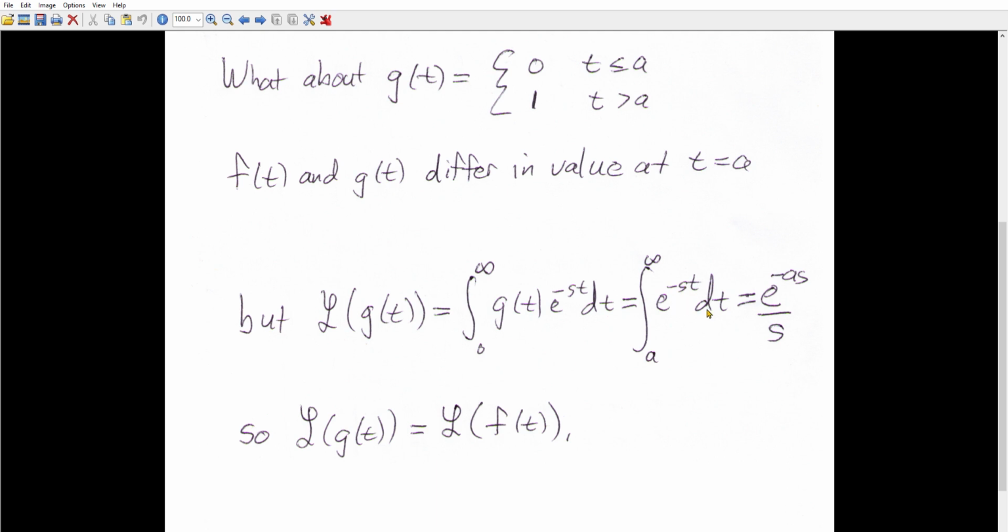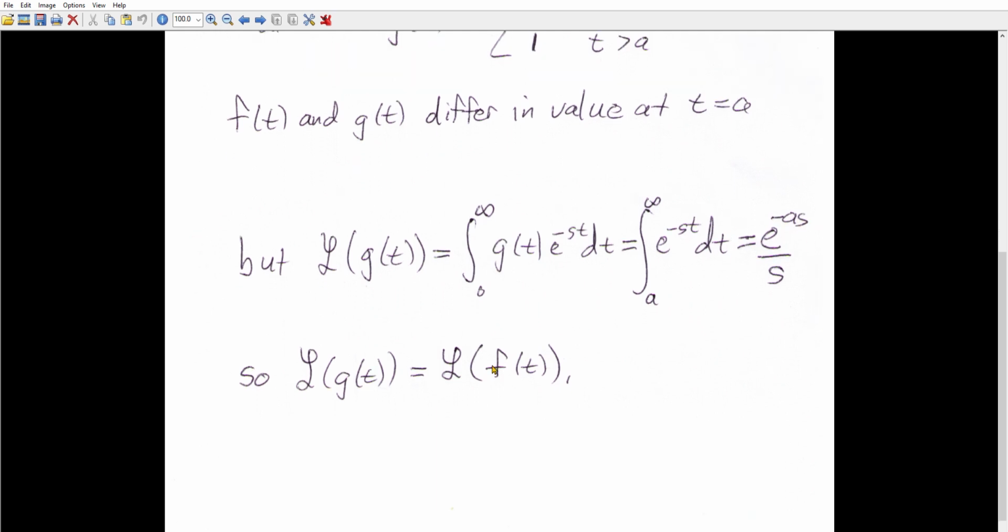We've seen this integral before. It's what we got when we took the Laplace transform of u_a of t, and we got e to the minus as over s, which is what we get here too. So the Laplace transform of g of t is the Laplace transform of f of t, even though the two functions differ at the point t equals a.